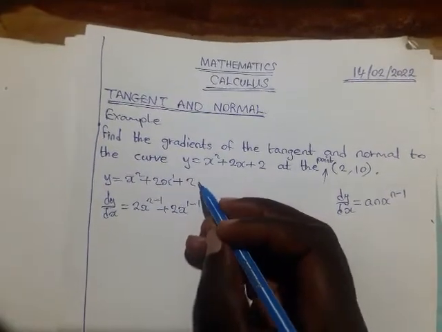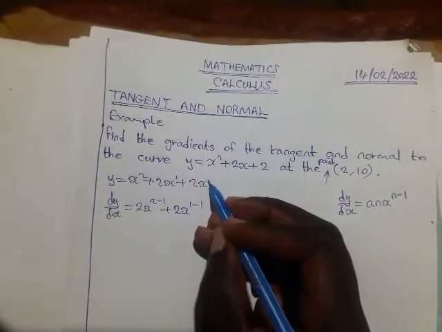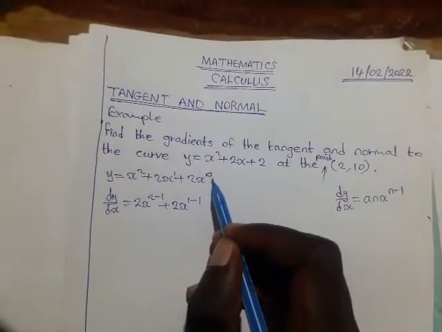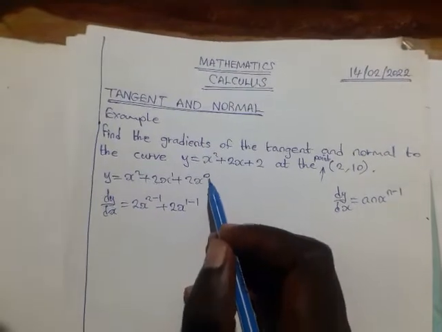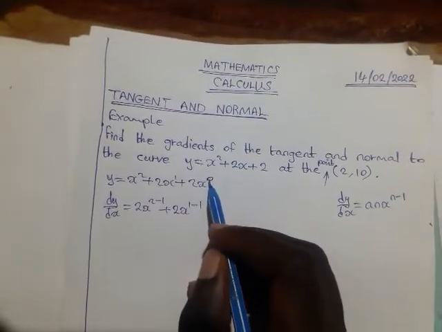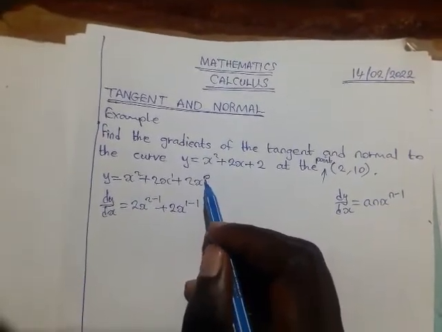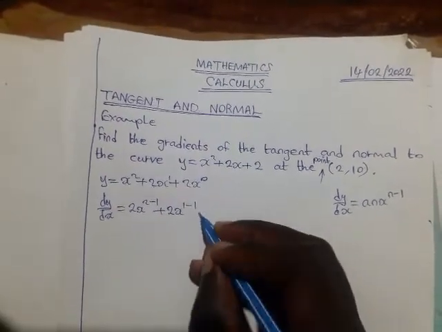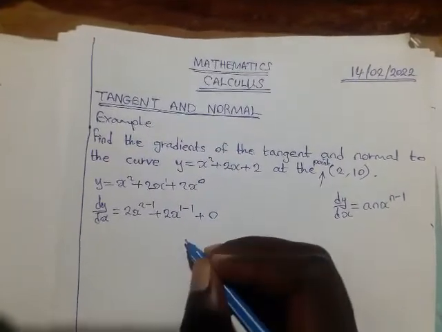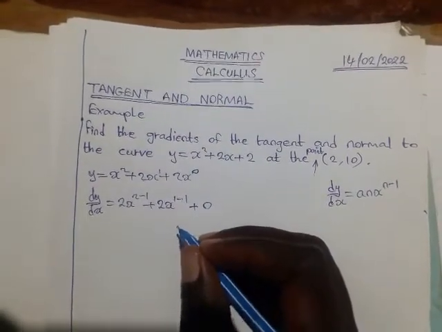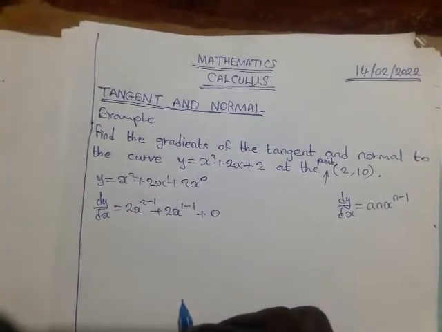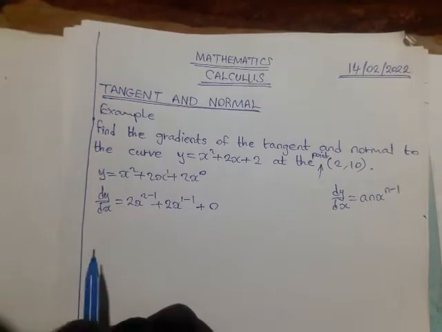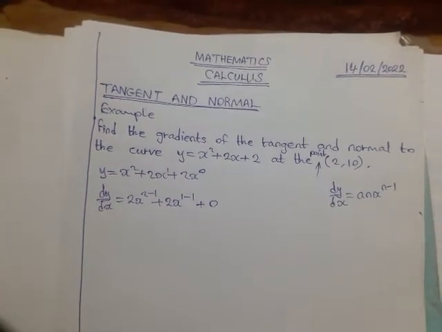This one has x to the power 0, which is invisible also, because any number to the power 0, except 0 itself, is 1. So we have to show that variable. So 0 times 2 will be 0. In other words, whenever you're differentiating a constant, you should get 0 always.